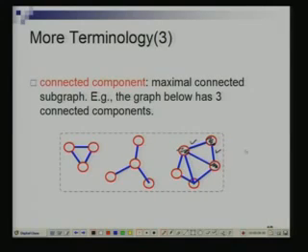This is a subgraph? Yes or no? This is a subgraph of the original graph. But this is not a connected component. I am not going to call this a connected component. Why? Because it is not maximal.